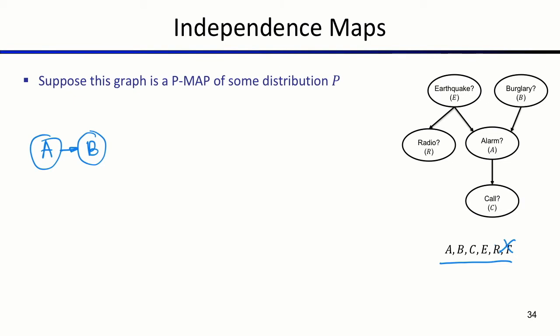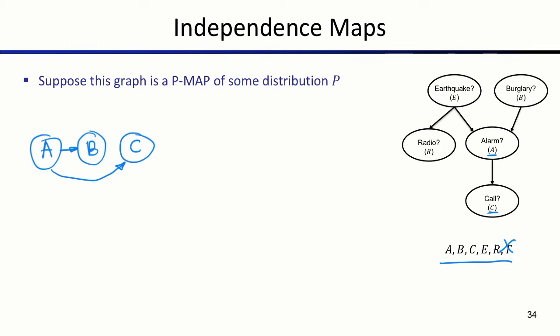The next step is to move on to the next variable, and the next variable is C. So C is here on the bottom, and C must be connected to A because they are directly connected by an edge.